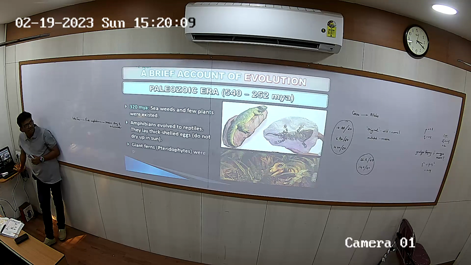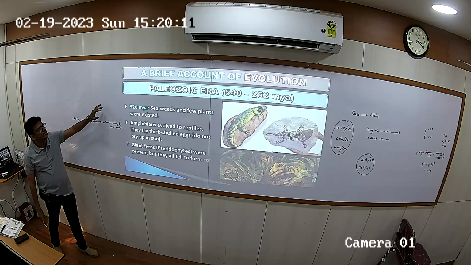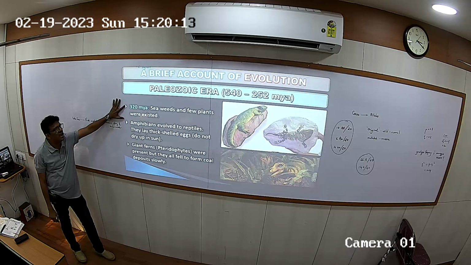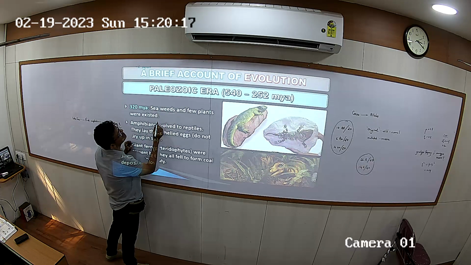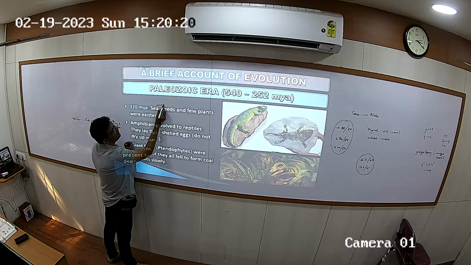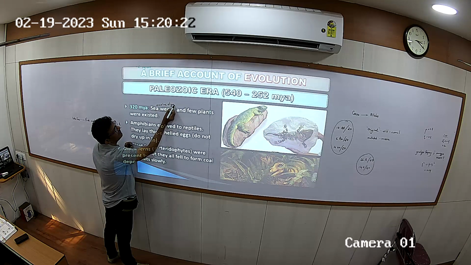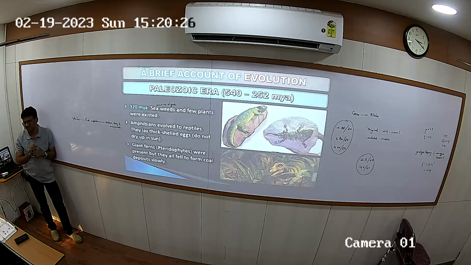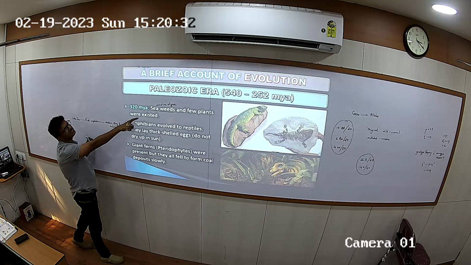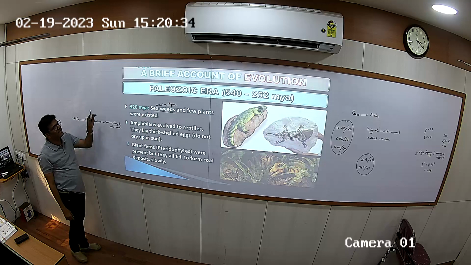Paleozoic, 320 million years ago, seaweeds and few plants existed. What do you mean by seaweeds? Marine algae, especially brown algae and red, Phaeophyceae and Rhodophyceae. Marine algae are seaweeds, and few plants existed.